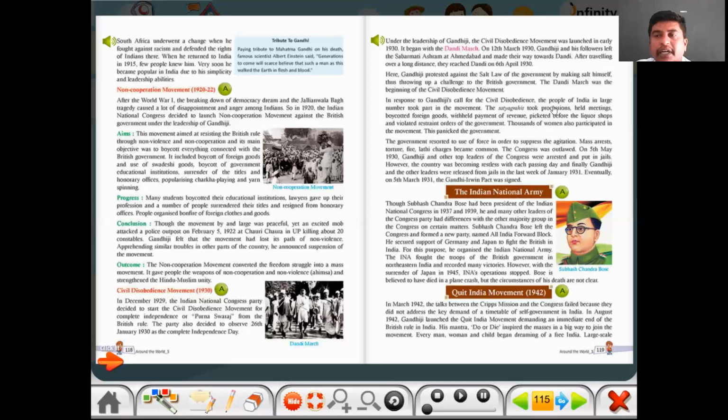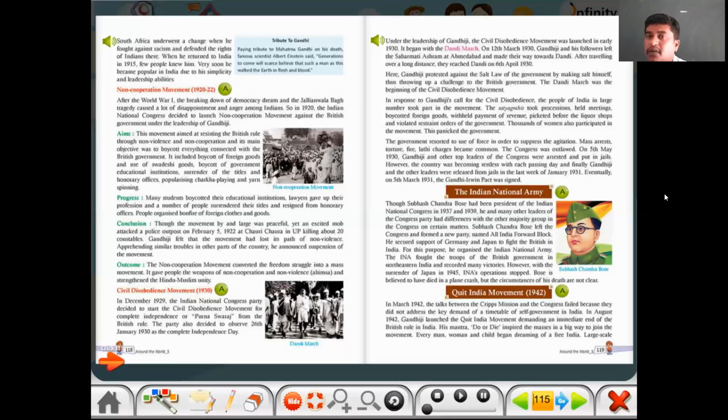Very importantly, dear students, in response to Gandhiji's call for civil disobedience, the people of India participated in a very large number in this movement. The Satyagrahis held meetings and boycotted foreign goods.